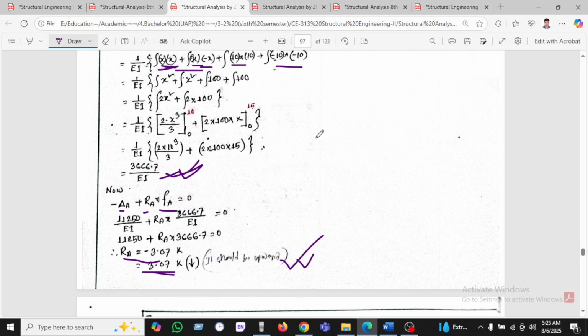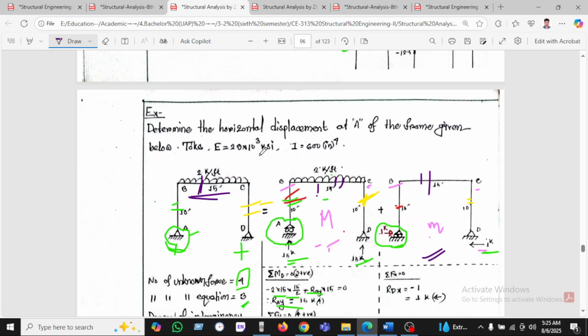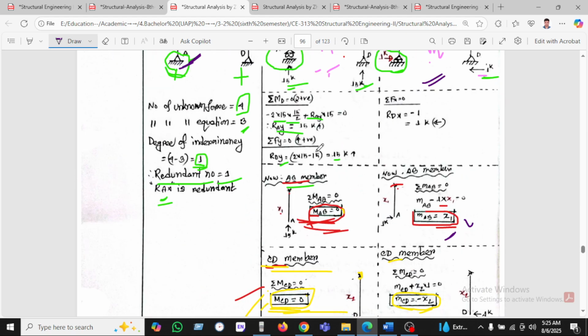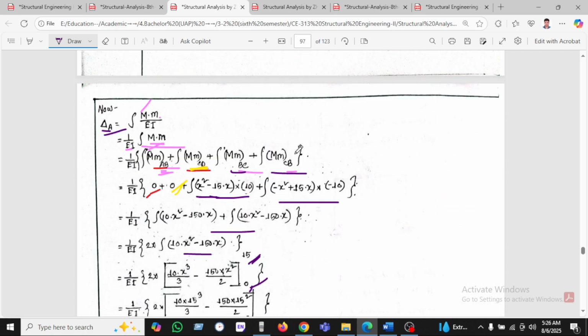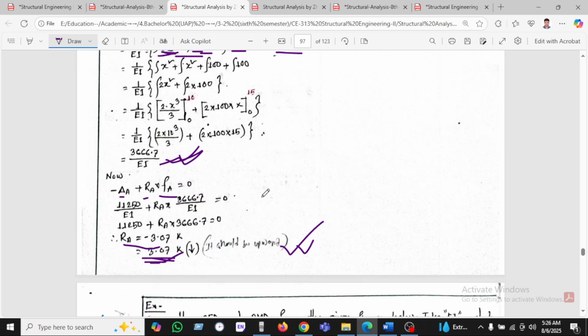After getting this answer, we will draw the shear force and bending moment diagram. But the horizontal displacement is being asked here, that's why we are forming the horizontal load. Okay, so RA is found here.